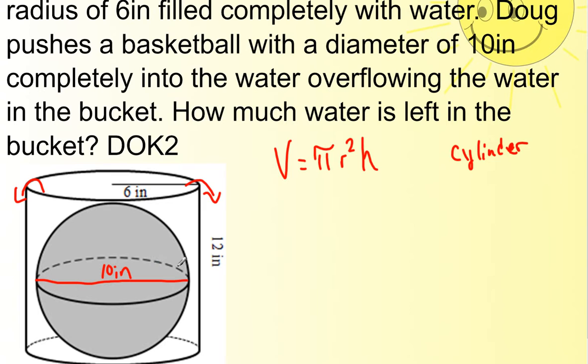So if we figure out how much space the sphere takes up, the basketball here, that would be the amount of water that was pushed out of the bucket. So our final problem is actually going to be, we're going to take the volume of the cylinder and subtract the volume of the ball.